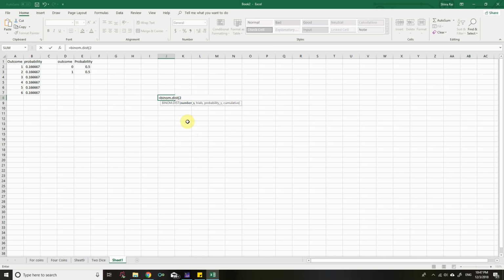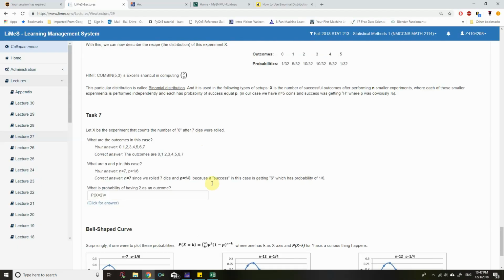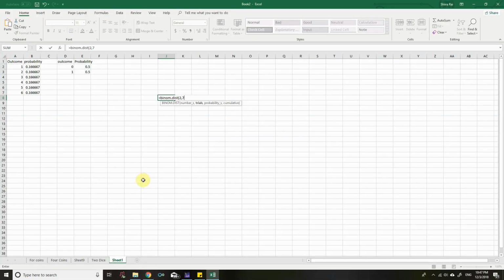Here it is 2, that means we want two 6s out of 7 die rolls. Comma, trials is how many possibilities there are. So there are 7 possibilities, the highest number is 7, so let's go for 7. And probability_s, the probability of success, is 1/6, 1 divided by 6, comma, cumulative is false.